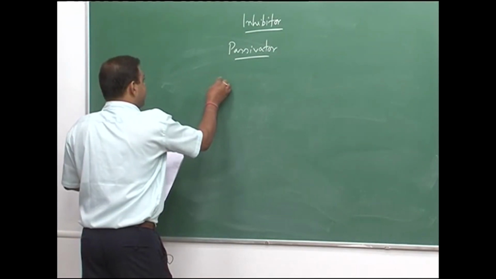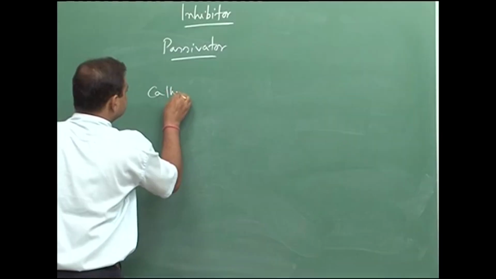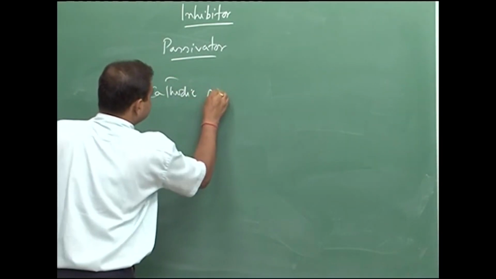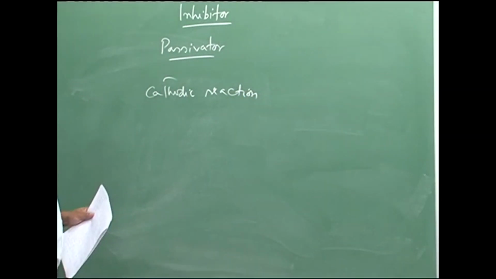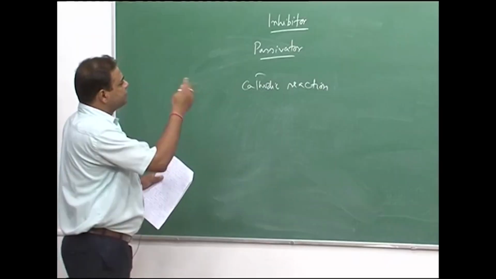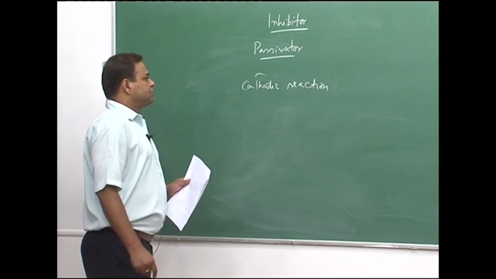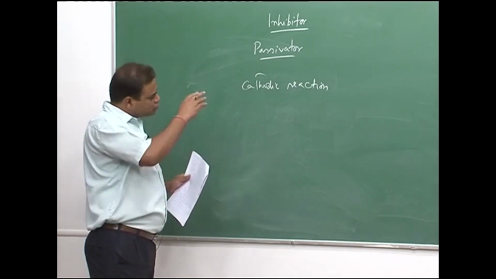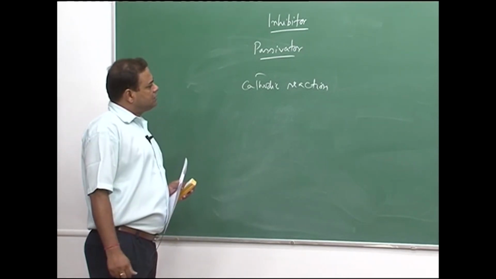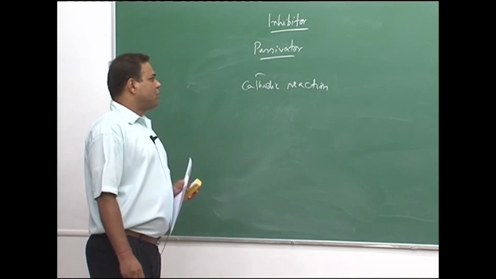So, they affect the cathodic reaction. They increase the electrode potential of the cathodic reaction or move it to the noble side, so that it goes to the critical position, so that the passivation is possible.